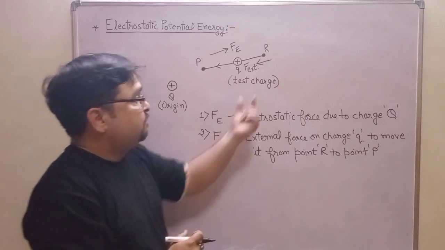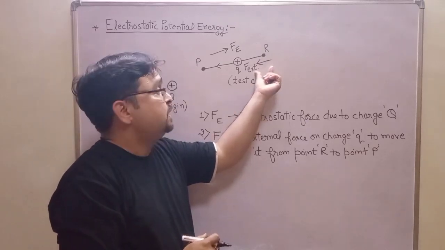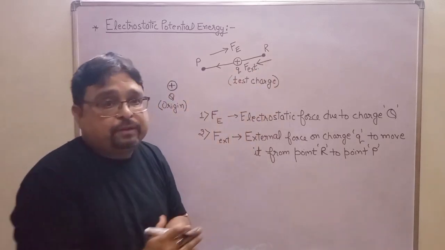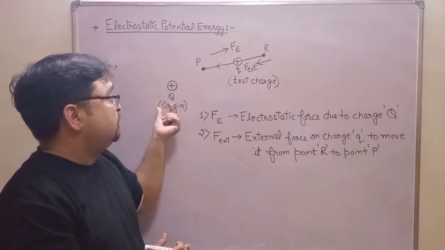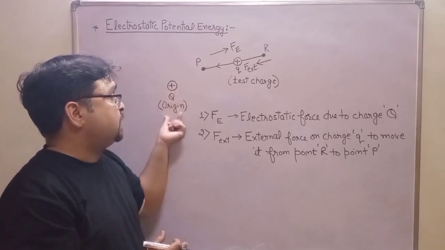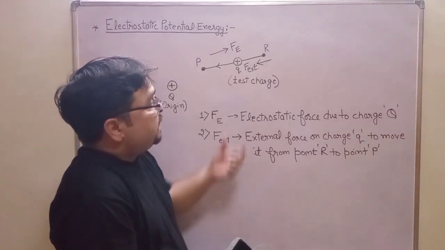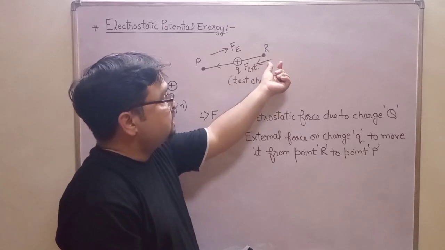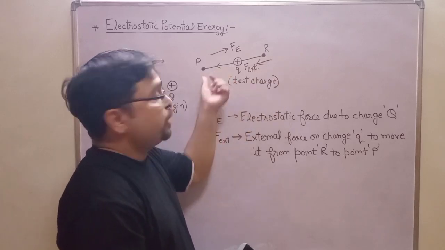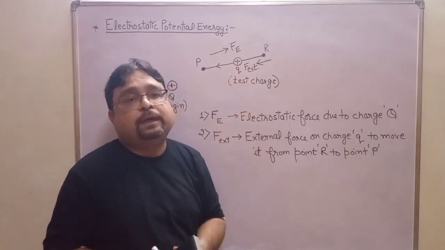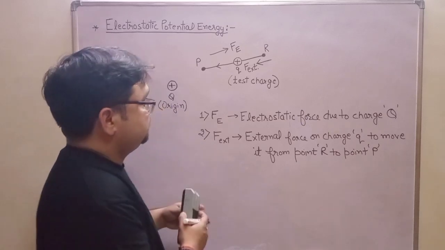So we can say the work done by the external force in moving charge from R to P will be equal to negative of the work done by the electrostatic force due to charge capital Q. The work done by external force in moving charge from point R to point P will be stored in this charge in the form of electrostatic potential energy.